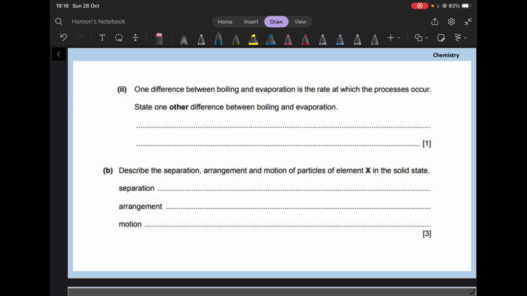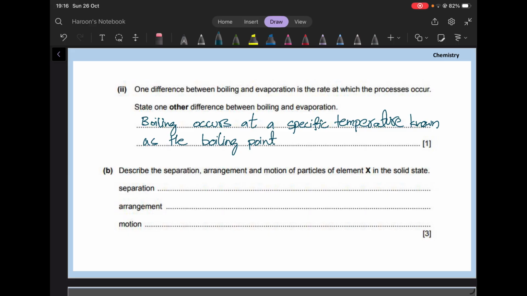So, one of those changes could be boiling occurs at a specific temperature, known as the boiling point.